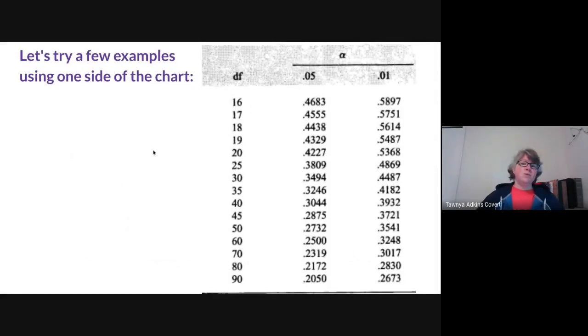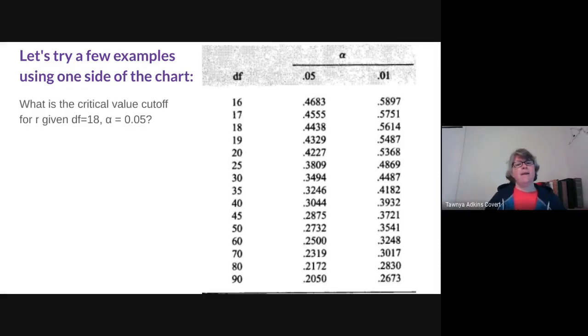So let's do a few examples. We'll come back to our number of nights out and number of classes example, but I want to pop off here for just a second and look at some examples so that we can get more familiar with using the chart. So if we have a degrees of freedom of 18 and an alpha of 0.05, what is our critical value?